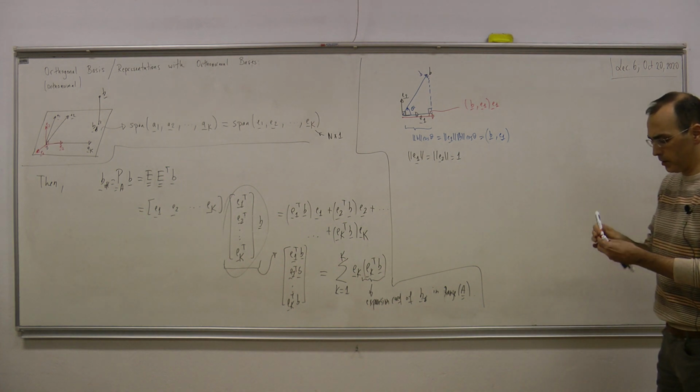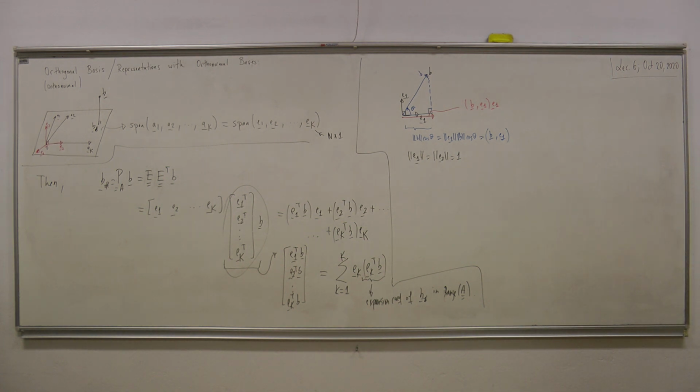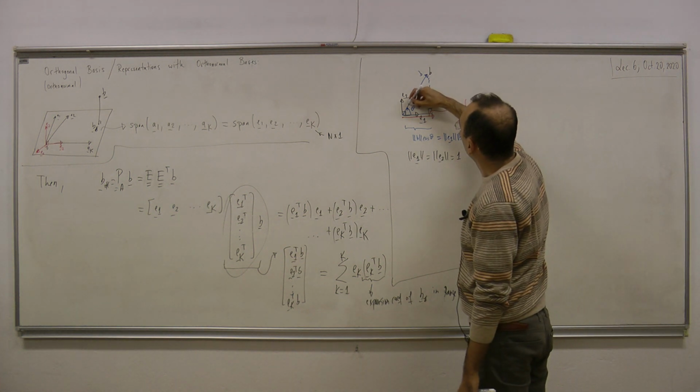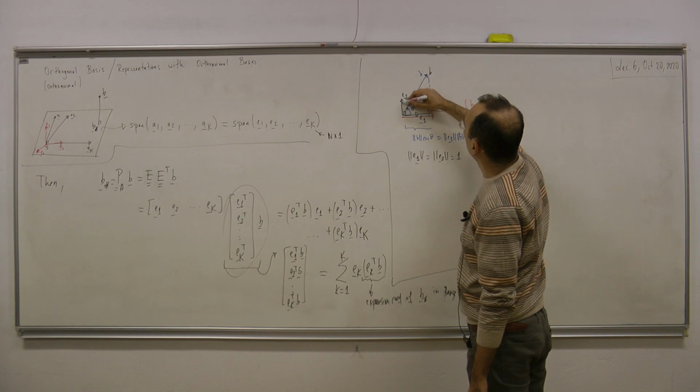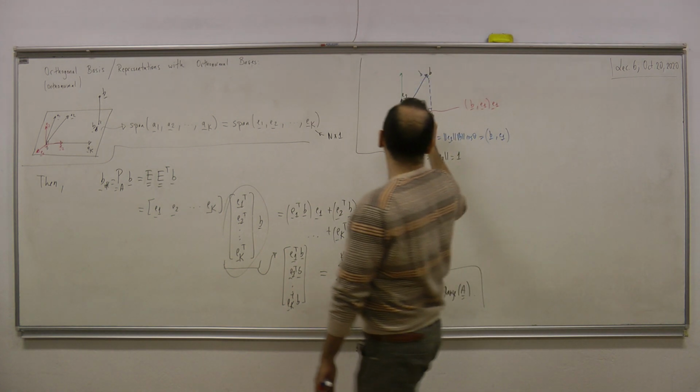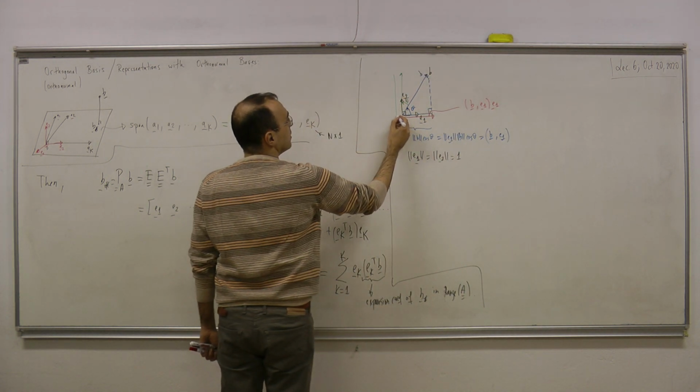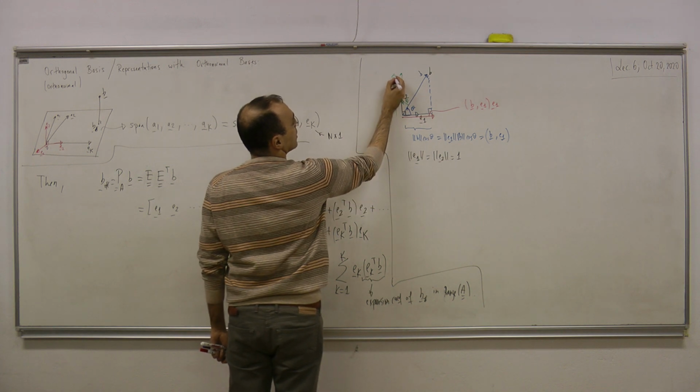I have this. Now I will repeat the same thing with this, but let me introduce another angle over here, let's say phi, and do the same calculation. Then at the end you get this green vector.